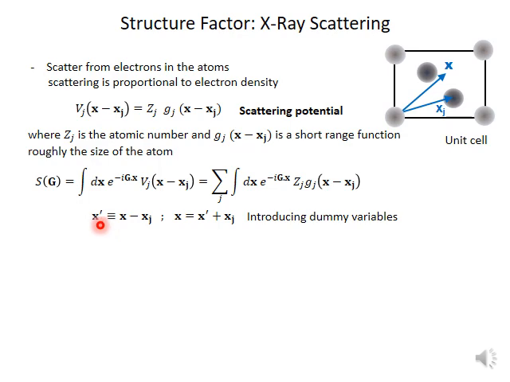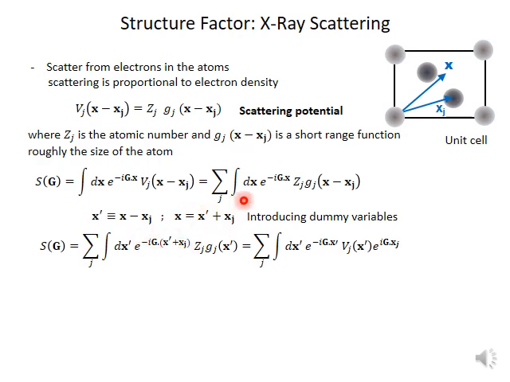So you define a new variable x prime equals x minus xj, so this would give you x equals x prime plus xj. In this integral we replace x by this quantity and x minus xj by x prime, and this integral simply becomes an easier integral like this.